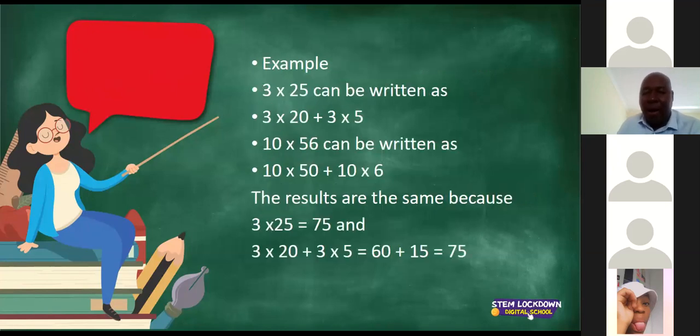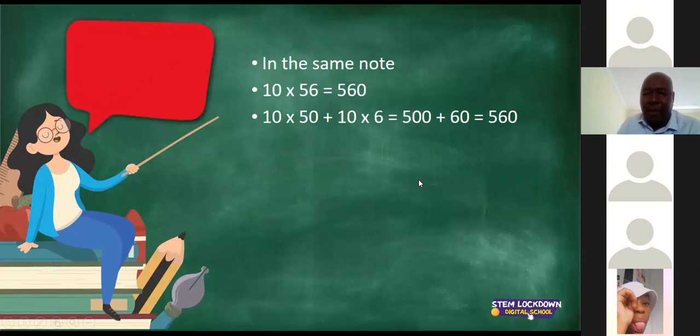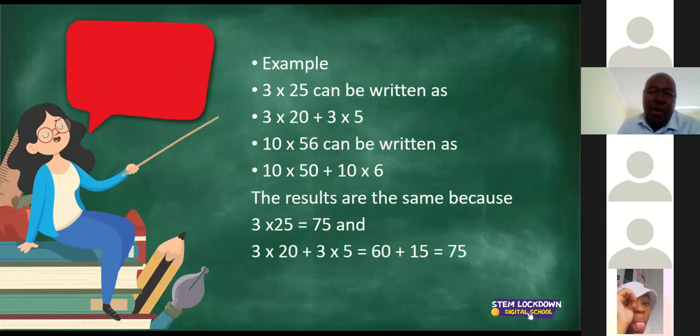Now, I've spoken about the examples that we've just done here, where you multiply 3 by 25. And of course, if you want to distribute it, you can write 25 as 20 plus 5. Then automatically you bring that into a bracket, and outside you'll have a 3.